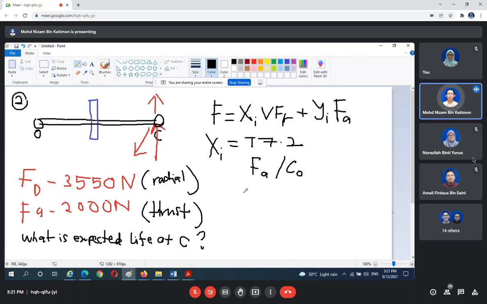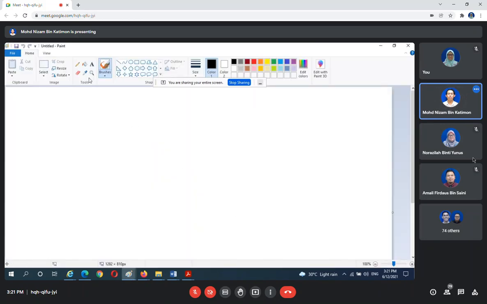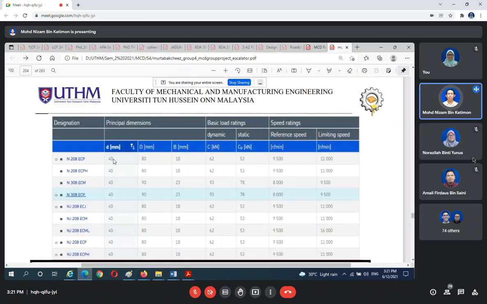Back to the question just now. Normally there will be information about the bearing. Let's say similar to this, you have the diameter.